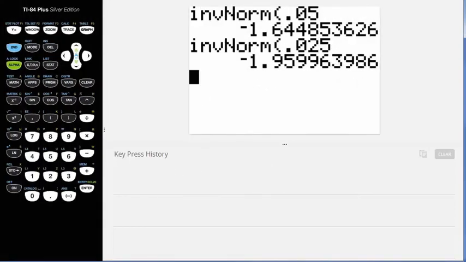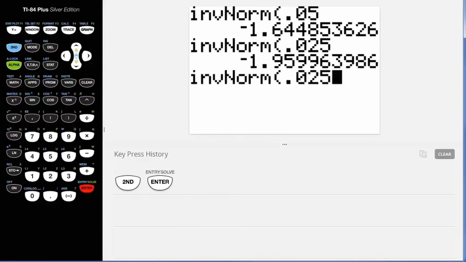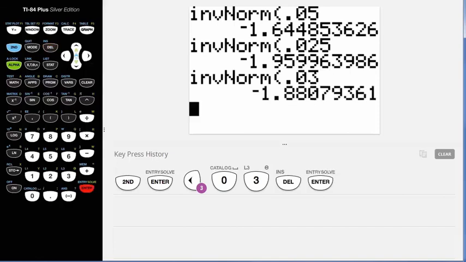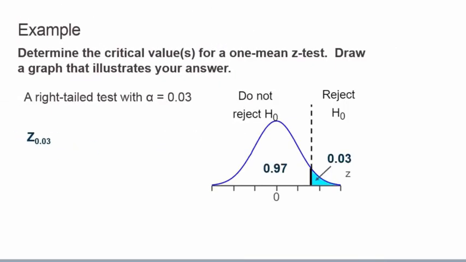Also, using my calculator, since my normal distribution is symmetric, second, enter, I can just find inverse norm of 0.03, which is negative 1.88, and then change the sign because since it is right-tailed, I'm going to have a positive z value. Z sub 0.03 equals 1.88.